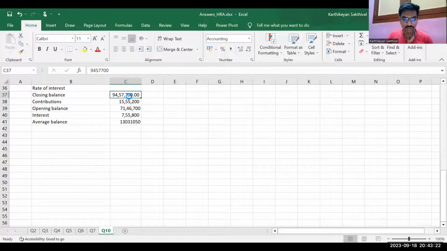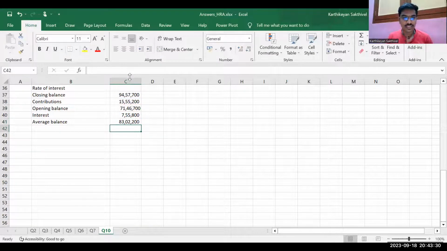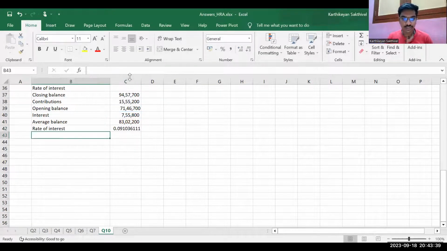Something is wrong. It is 83,02,200. Now rate of interest. Rate of interest is this divided by this. So it is 0.09103.